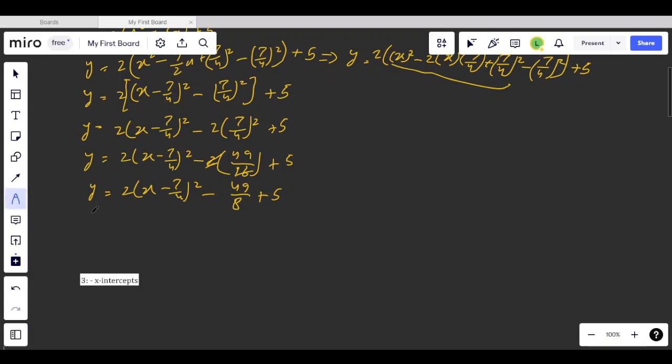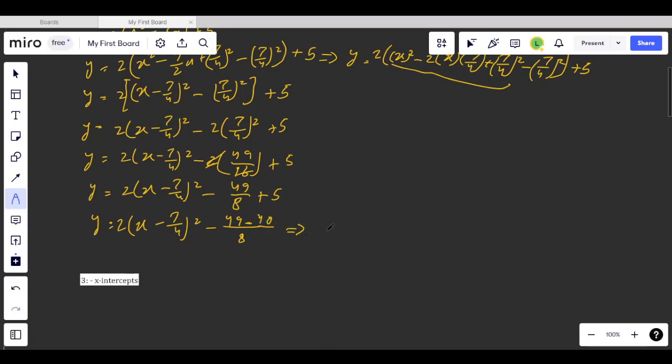Okay, y is equal to 2 into (x minus 7 by 4) whole squared minus, now when we add this, the LCM is 8. So 8 ones are 8, and 1 multiplied by 49 will be 49. As we have taken this minus common, minus will be here, and 8 will be multiplied with 5. This will become 40.